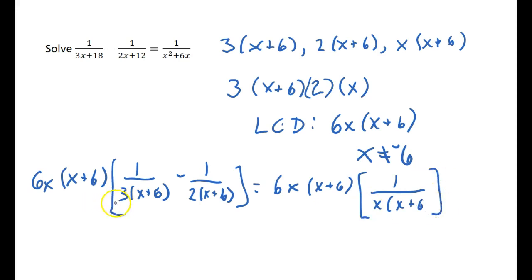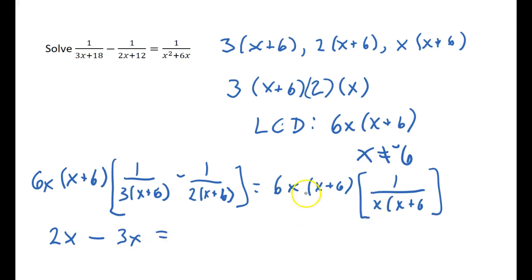And let's see what happens. Okay, so 3 goes into 6 2 times. I've got that x right there, and the x plus 6 is canceled, so I have 2x times 1. Minus. Okay, 2 goes into 6x 3x times, and the x plus 6 is canceled, so that's it.